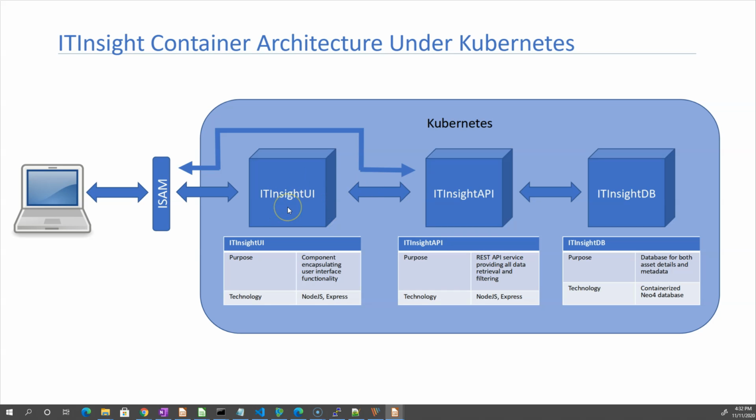That client, the ITInsight UI, is what any user will use to interface with the system, and I'm going to show you that in a minute. That UI makes calls through the API. This is a single page application that makes RESTful calls back through the API to pull data from the database to refresh itself in its UI. So given that little bit of background, I'll get into the demo.